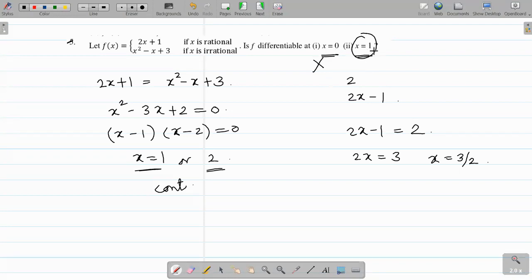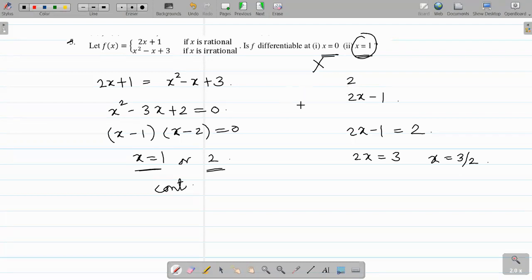Now at 1 I just have to see. The tangent along this curve will have a slope of 2 minus 1, that is 1, whereas the tangent along this curve will have a slope 2. And hence you won't get a common tangent. So it won't work. Unfortunately, no differentiability.